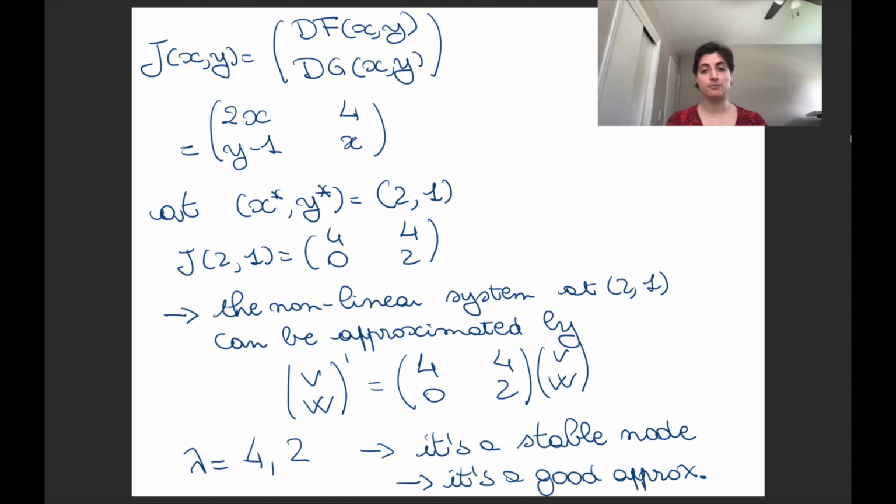So the nonlinear system at (2, 1) can be approximated by the linear system (v prime, w prime) equals (4, 4; 0, 2) times the vector (v, w). This has eigenvalues 4 and 2. It's an unstable node, which means it's a good approximation. We can compute the eigenvectors associated with these eigenvalues, and that will give us information on the behavior of the system. We can do this for every single one of the three equilibria and find out if they're good approximations.